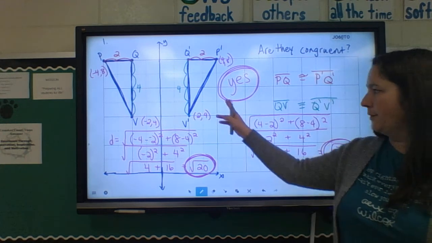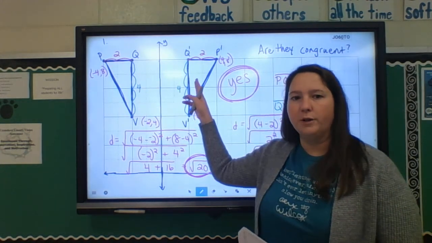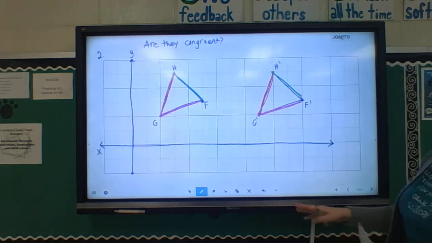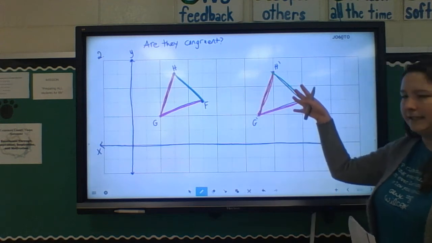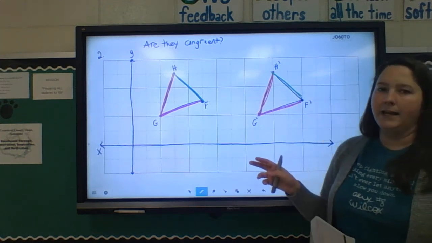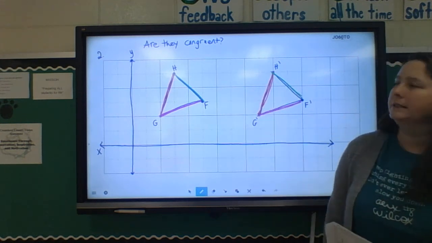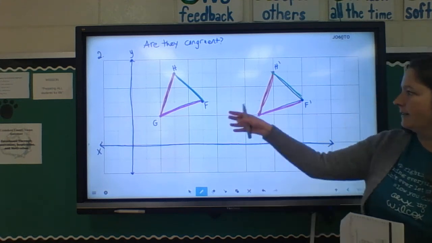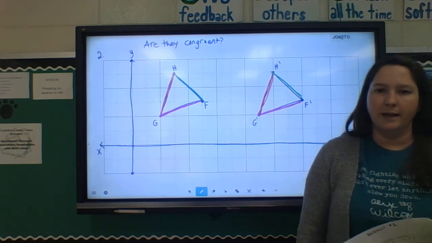So this would be the flip, which is reflection. And this one would be a slide because it slid over, so translation would be the slide. So are they congruent?